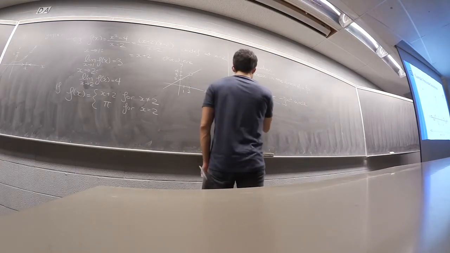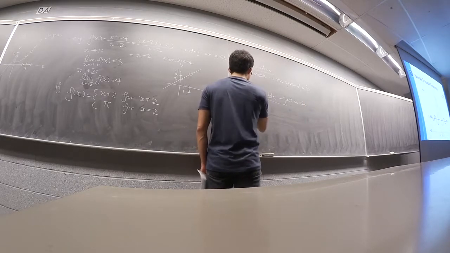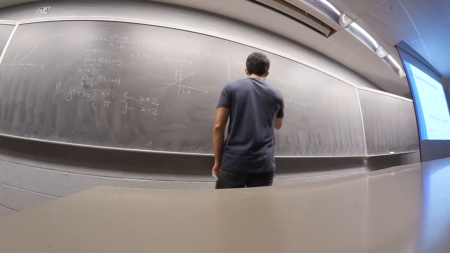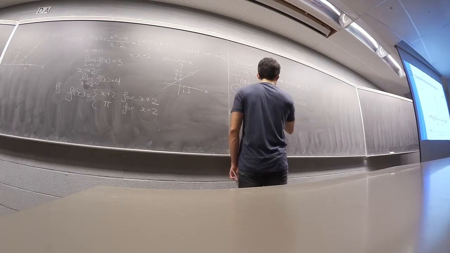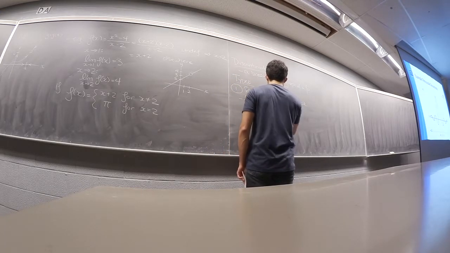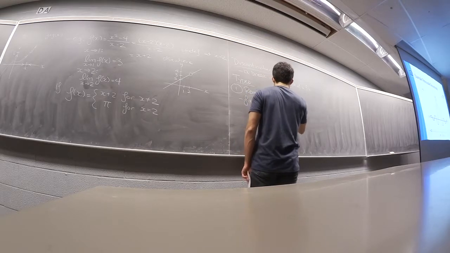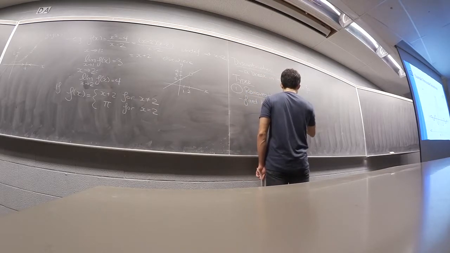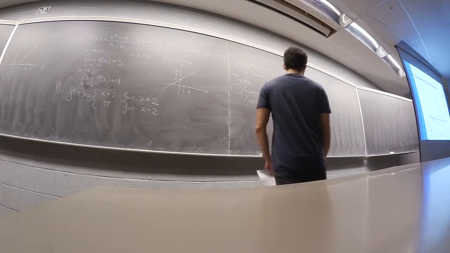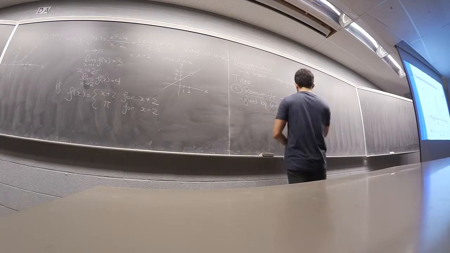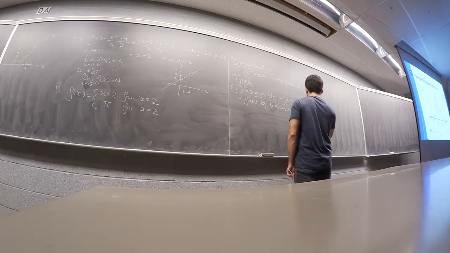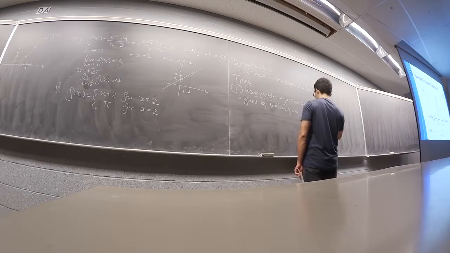Why is it removable? Because it can be removed or fixed by assigning or reassigning f at a to be the limit as x approaches a of f.